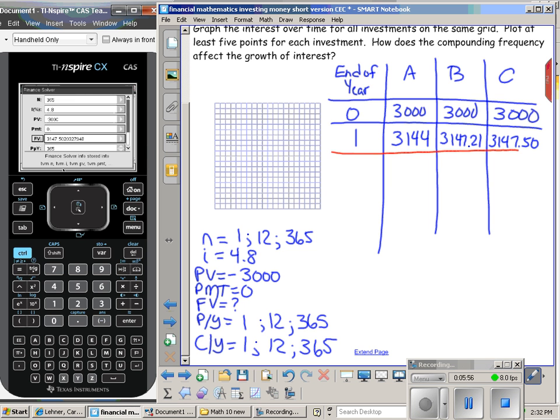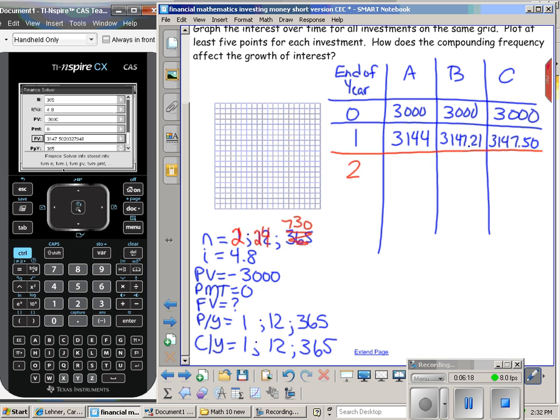If we go to the end of year 2, and we're using our calculators, the only thing that changes is our N value. Option A is going to be 2 because now we're at 2 years. Option B, you would have to change your N to 24. And option C, you would have to change it to 730 because 2 years times your compounding periods.